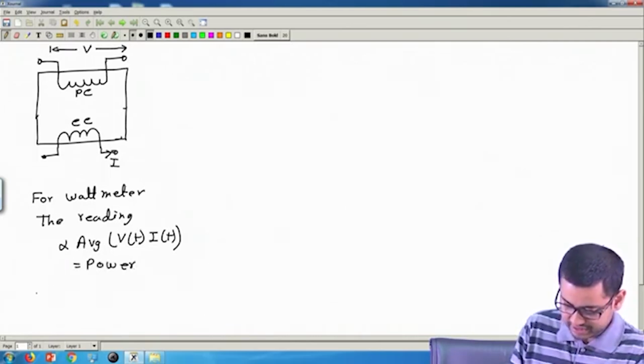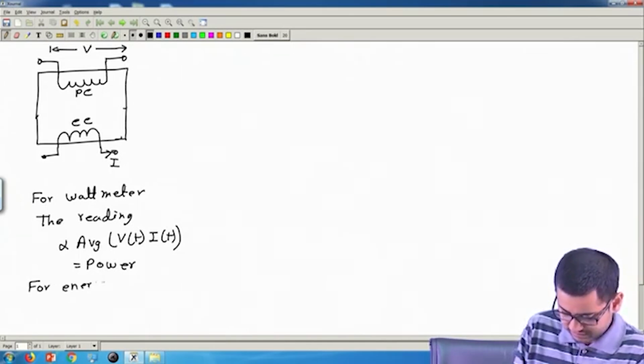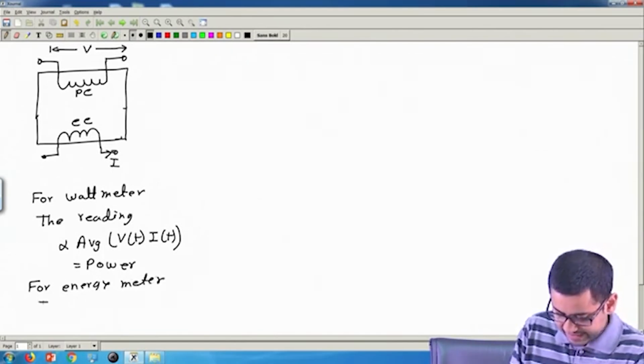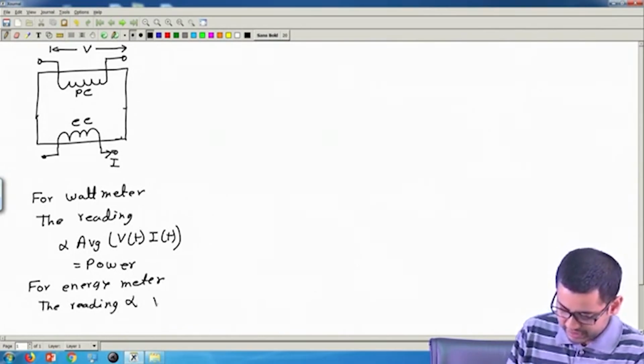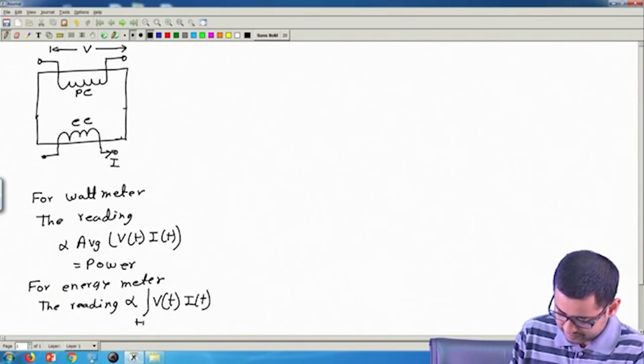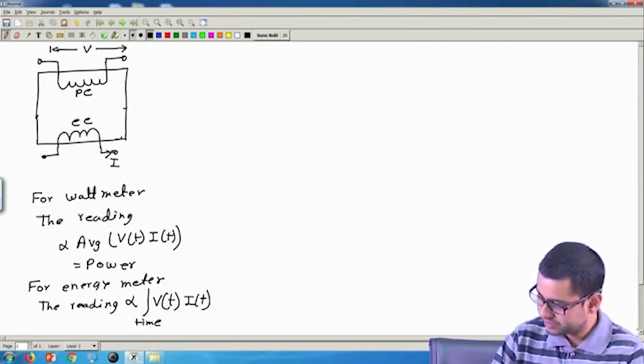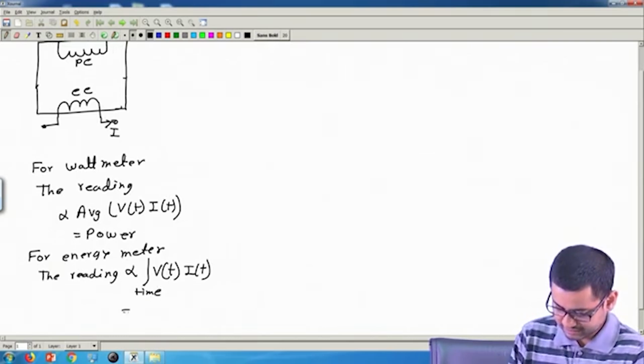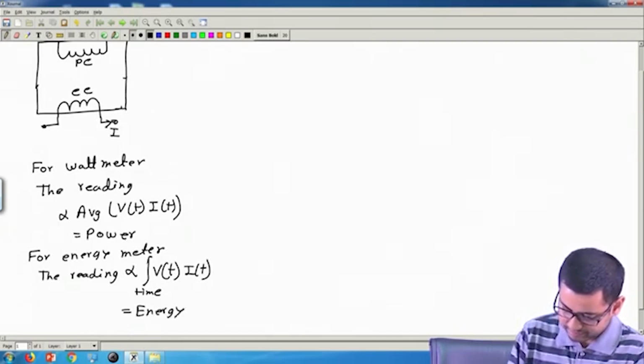And for the energy meter, the reading will be proportional to the integration of this product over time, which is the energy consumed within this time.